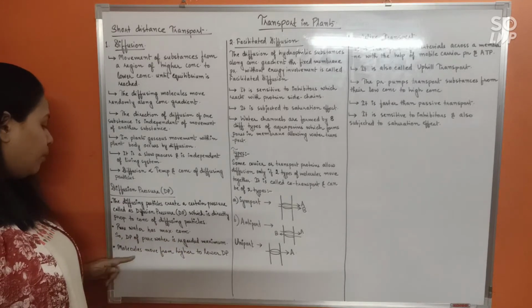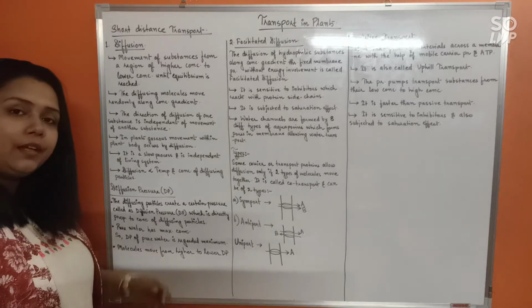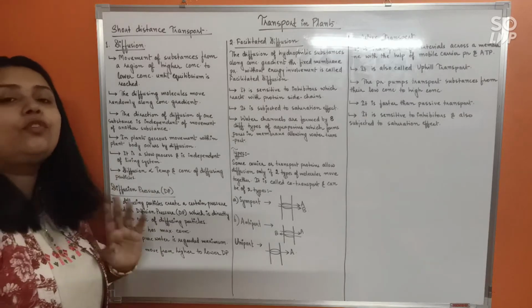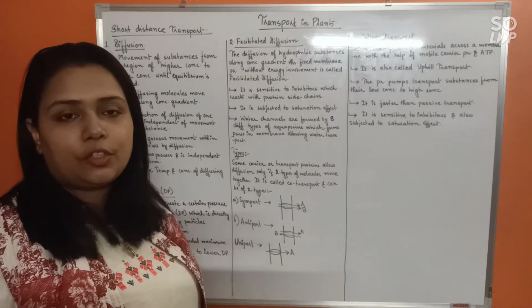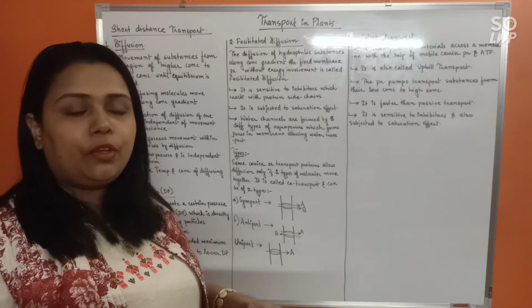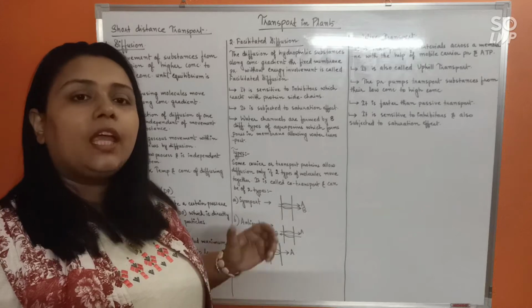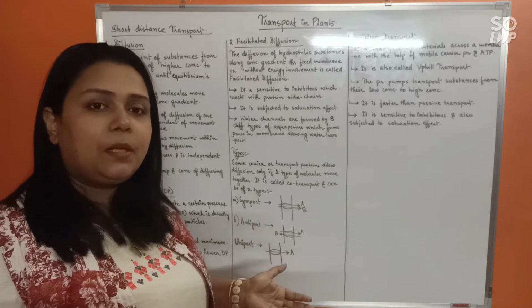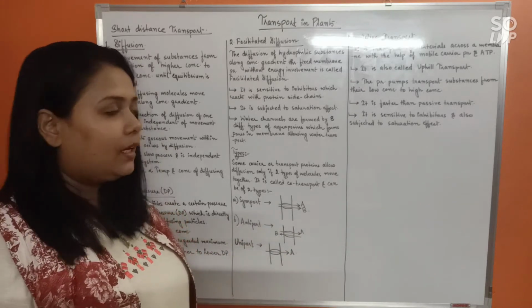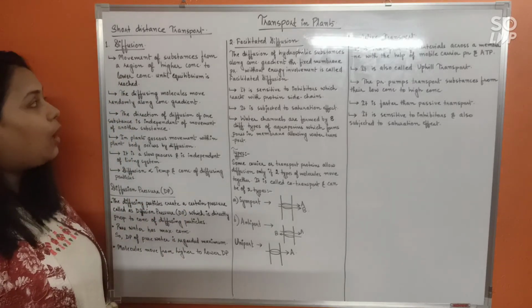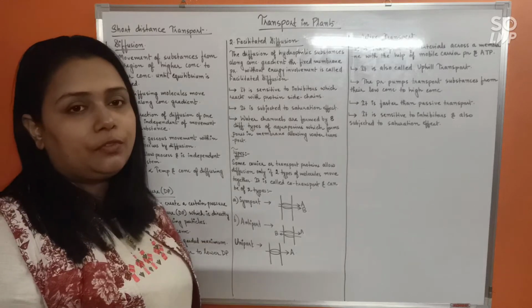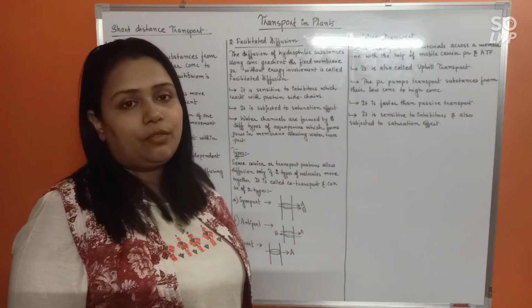Alright. Also, molecules will always move from a region of higher dP to lower dP. Of course, it is dependent on the concentration after all. So, if substances are moving from higher to lower concentration, they would obviously be moving from higher dP to lower dP, right? So, this is all about diffusion or simple diffusion. Now, let us move on to another form of diffusion called facilitated diffusion.